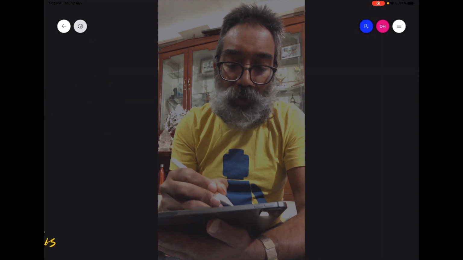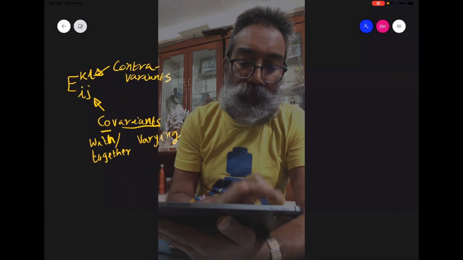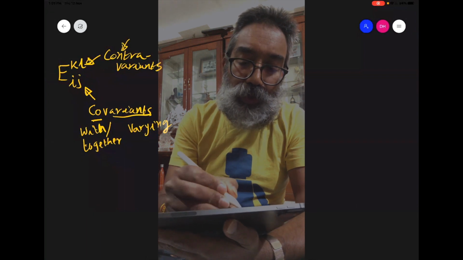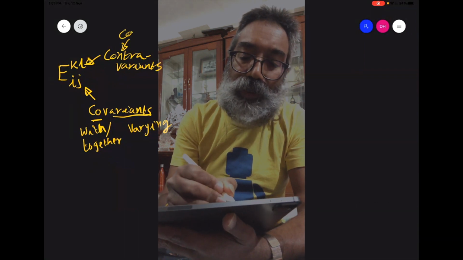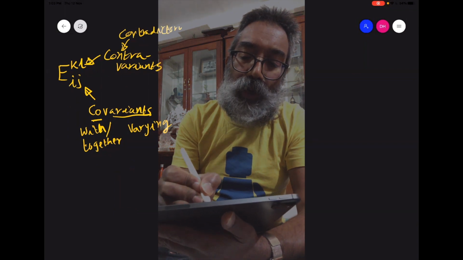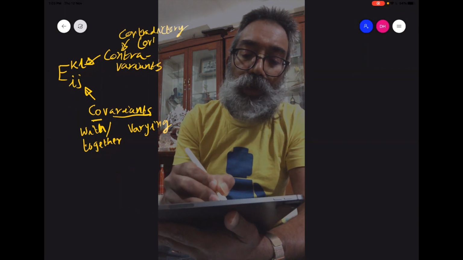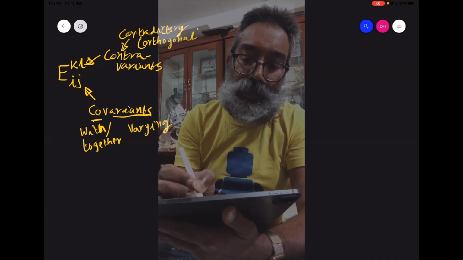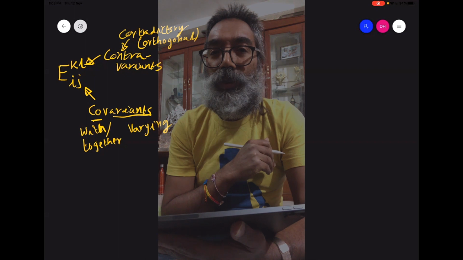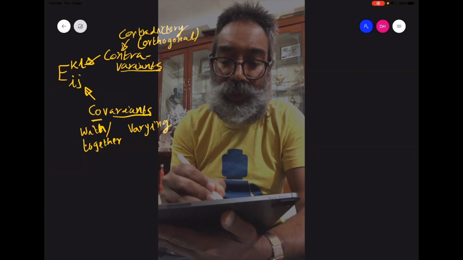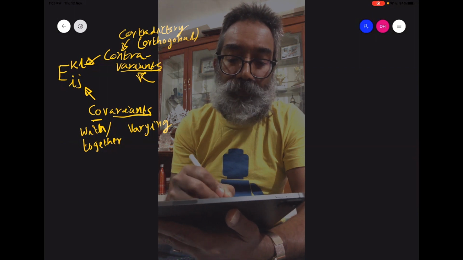On the other hand, contra is something that is contradictory. And in a mathematical sense, what we are talking of is in an orthogonal sense compared to the covariant. So the variation that is happening, again there is a variant, which means it's also varying.